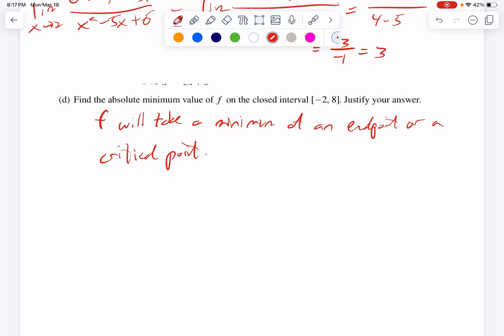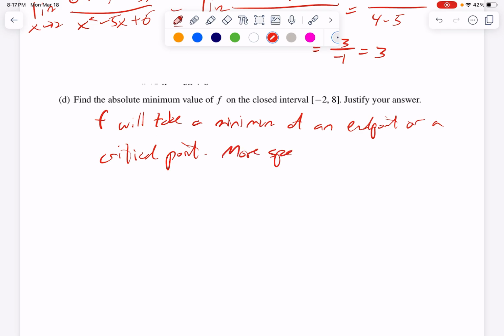Endpoints might technically also be critical points, but something you can mention here is that we can only have an absolute minimum at a critical point if that critical point is a local minimum. If I have a critical point that's a local maximum, this is clearly not the absolute minimum. If I have a critical point that's neither a minimum nor maximum, that's not going to happen. So we can be more specific here.